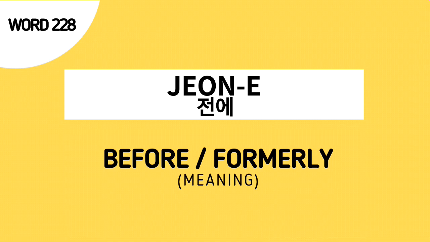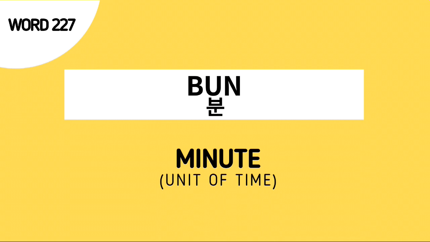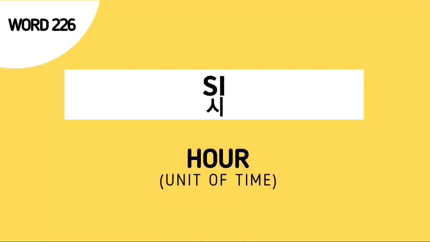Word number 228 is 전에, which means before or formerly. Word number 227 is 분, which means minute. Word number 226 is 시, which means hour. And that's it for our review.